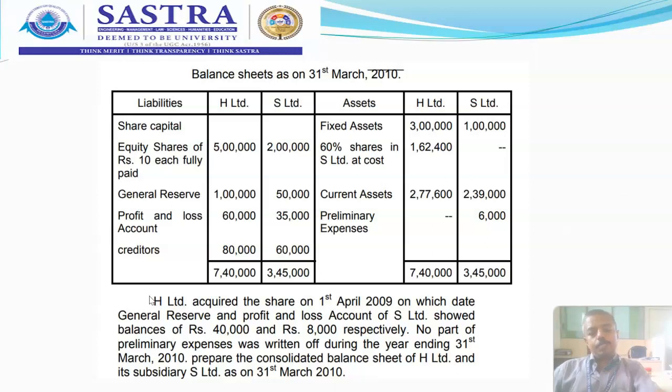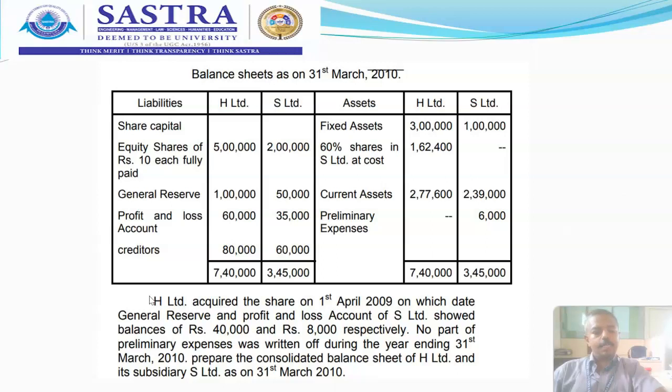Apart from that, we have the list of liabilities. Share capital: in H Limited, 5 lakhs in shares of rupees 10 each, fully paid. In the same way, S Limited has share capital of rupees 2 lakhs, also with shares of rupees 10 each, fully paid up. The general reserve is rupees 1 lakh in H Limited and 50,000 in S Limited.